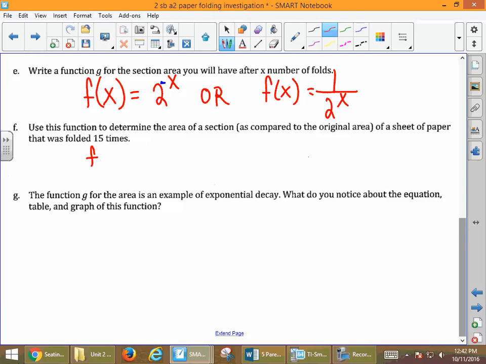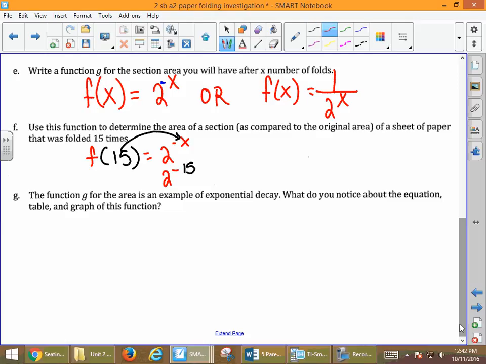So we get f of 15 equals 2 to the negative x. We're going to take this value of 15 and put it back into our function wherever we see x. And we get 2 to the negative 15.